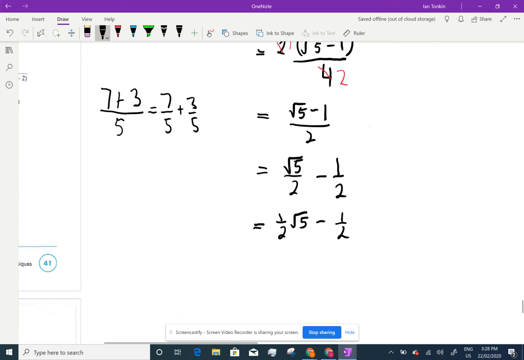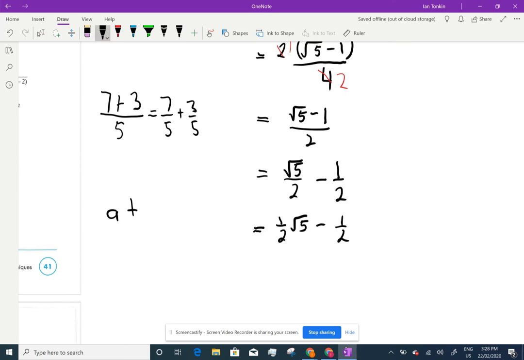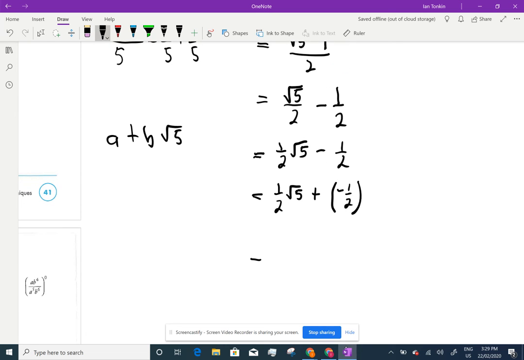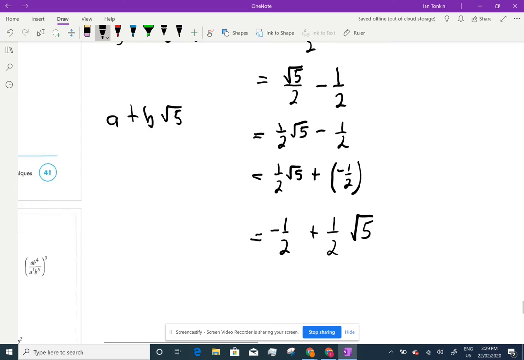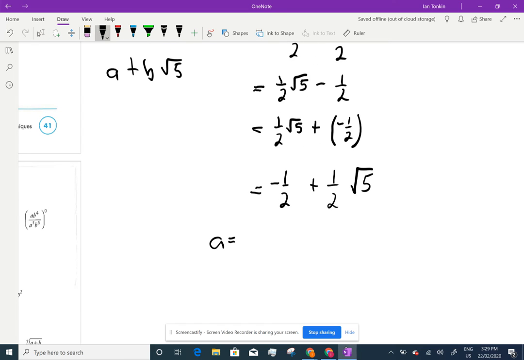And remember, what I needed to get it to look like was A plus B root 5. Well, I can write that as a half root 5 plus negative a half. Now it doesn't matter which way I add them. So I get negative a half plus a half root 5. So A equals negative a half and B equals positive a half.